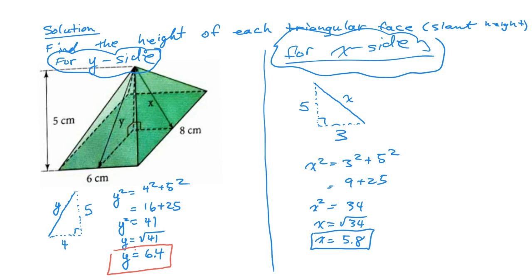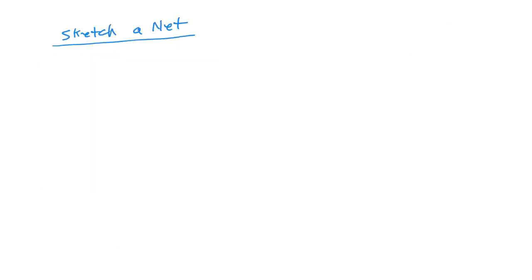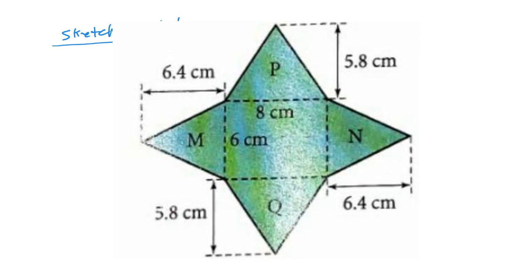So now let's go and sketch a net based on what we just learned of this pyramid. So now we'll go and sketch our net with all the information we have. So based on what we had from before, if we have all of these sides labeled, we've got the following.